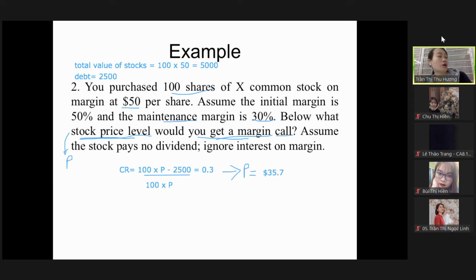Do you have any question here? In this case, if the price of the stock is smaller than $35.7, you will receive the margin call. Okay, any question here? No.